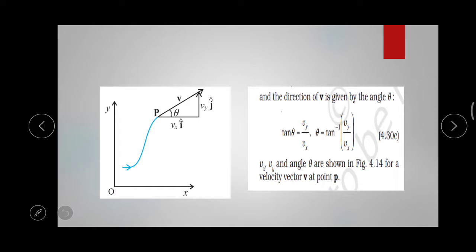Suppose theta is the angle between the tangent, which is the direction of velocity, and the x-axis.